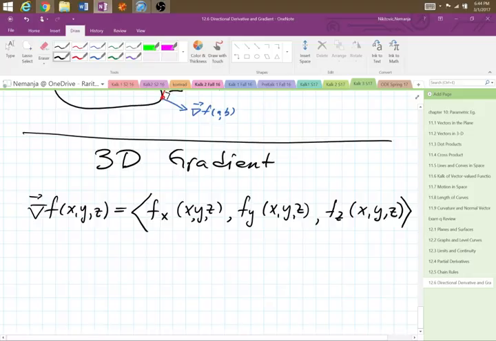Without me really copying what's in a book, beautiful example. You have an egg, all right? It's not an egg, it's a watermelon. Elliptical, ellipsoid, right? Find a gradient, and at these particular points on the surface, you want to see what is the greatest change.